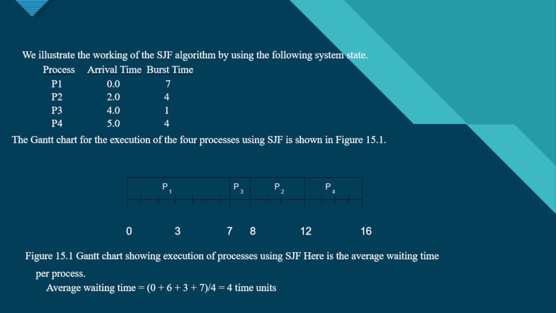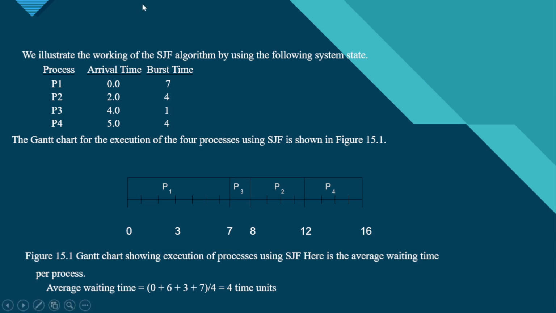Next, we see that two processes have the same burst time, because P2 has 4 and P4 also has 4. So there is a tie. To break the tie, we have to apply FCFS, which stands for first come first served.